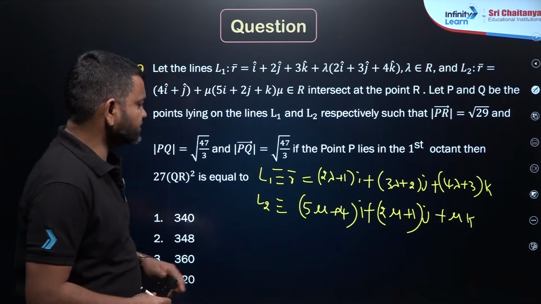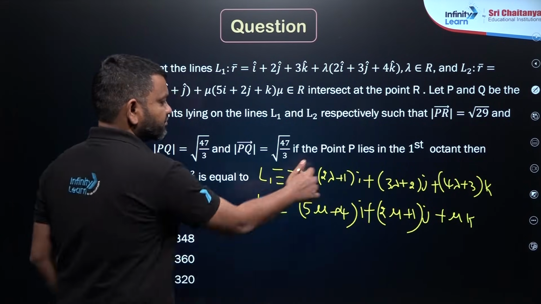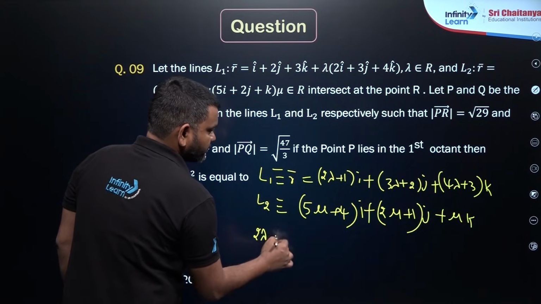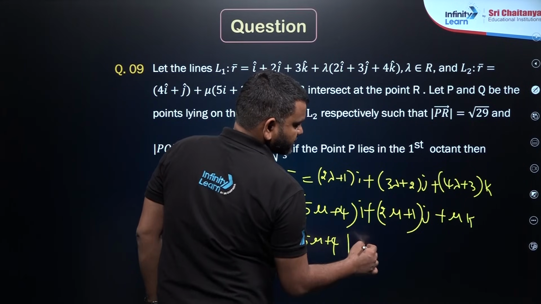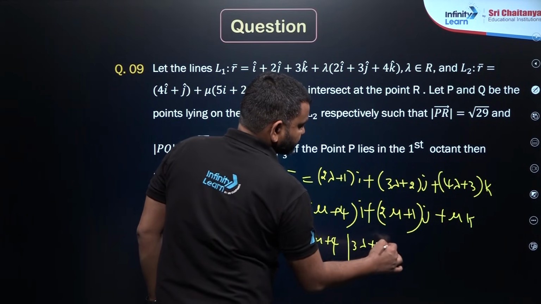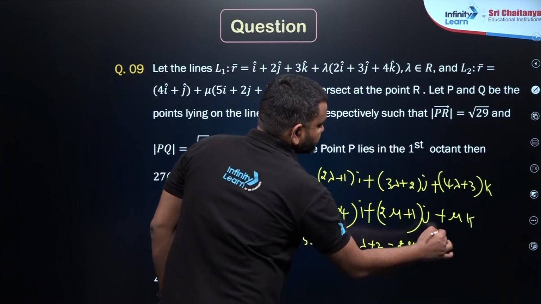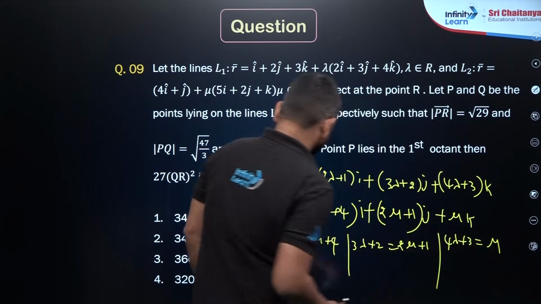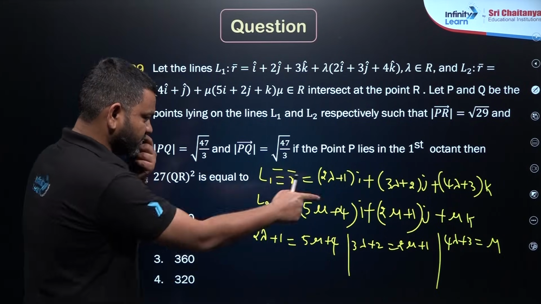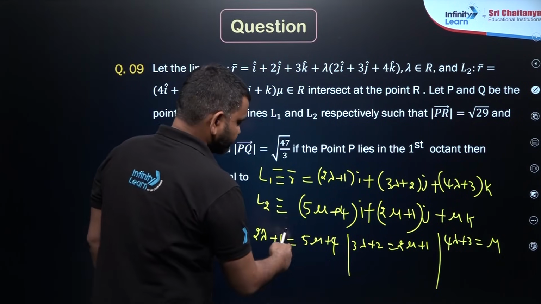So here you just try to simplify these two equations, compare these two values. We are going to get 2 lambda plus 1 is equals to 5 mu plus 4. The other one is 3 lambda plus 2 is equals to 2 mu plus 1. The other one is 4 lambda plus 3 is equals to mu.